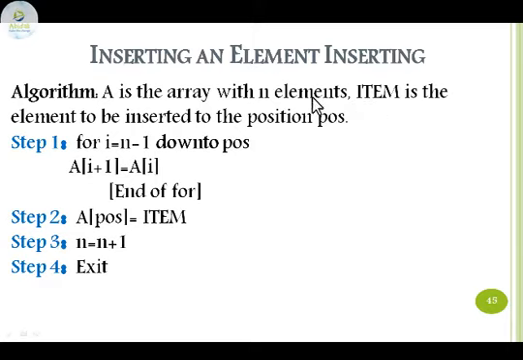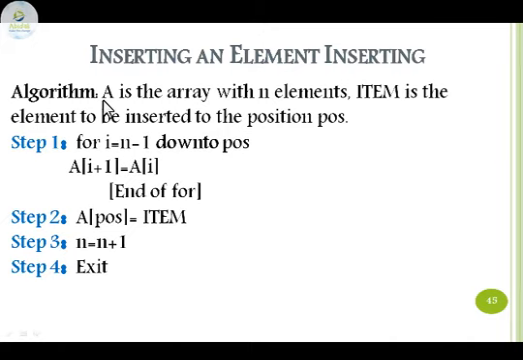The item is the element that I need to insert at the position called POS. We have 4 different variables over here. Position is denoted by POS. The element that needs to be added is denoted by item. N is the size of the array and A is the name of the array.